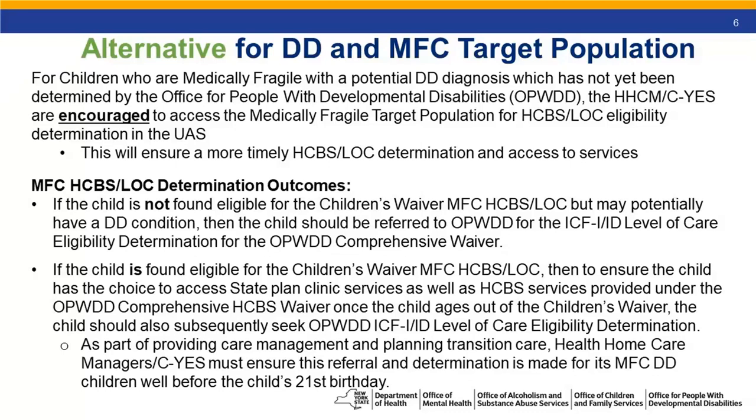And if the child is found eligible for the children's waiver, then we want to make sure that even though the child gets served in the children's waiver, you talk with the family about the comprehensive waiver and its benefits. Because especially if a child ages out, we want them to have a direct line to OPWDD and not for you and the family to jump through some extra hoops.